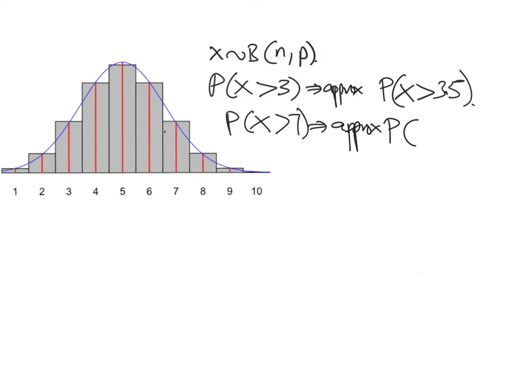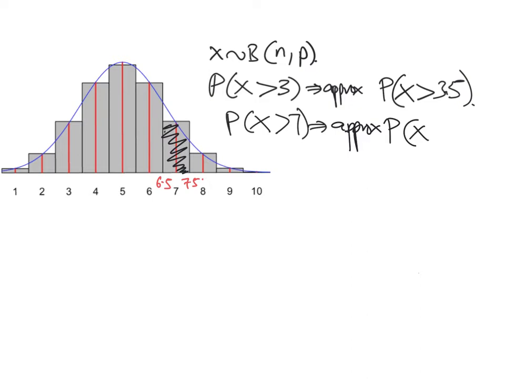In continuous terms, X is greater than 7, so that's 7. If that is 7, this is 6.5, and that is 7.5.